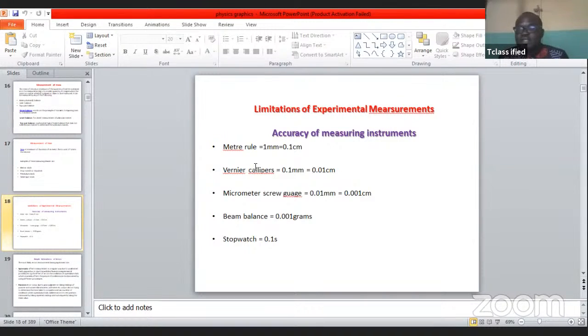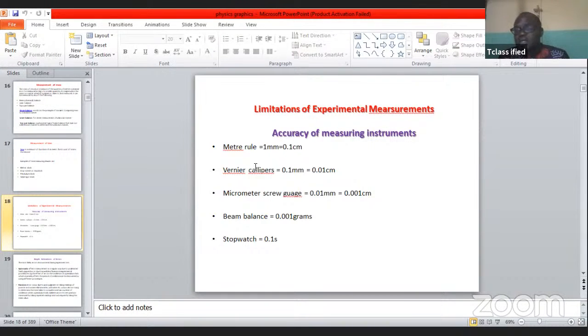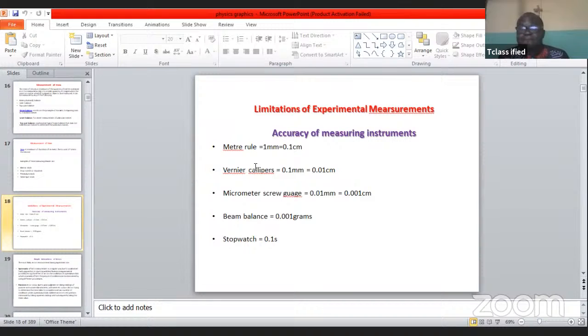Which of the following instruments can measure to the degree of accuracy 1 millimeter or 0.1 cm? Meter rule. Yes, meter rule should be the answer.